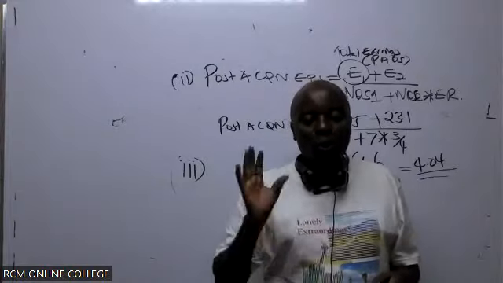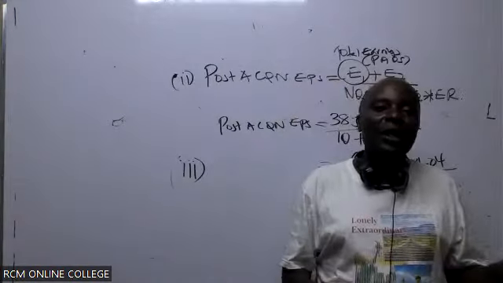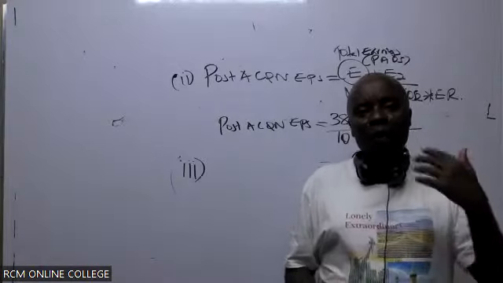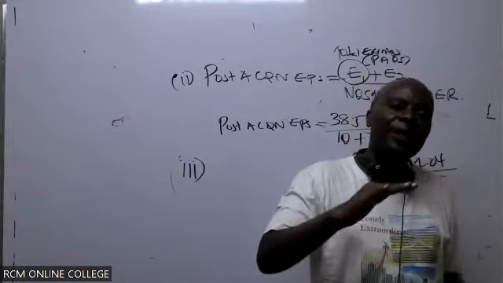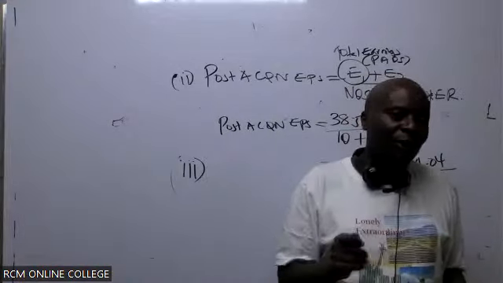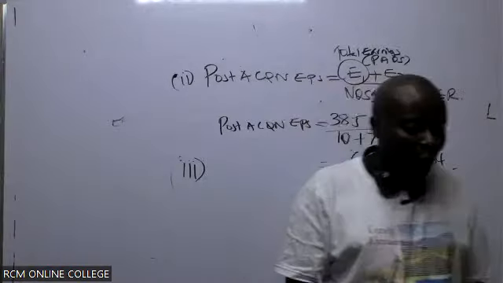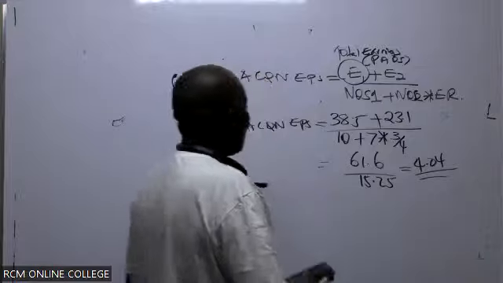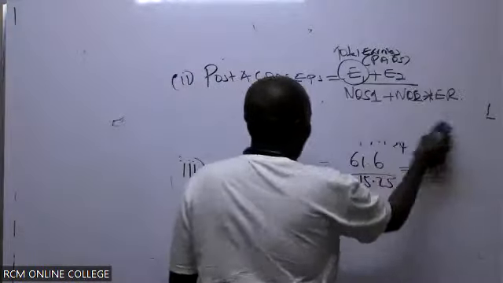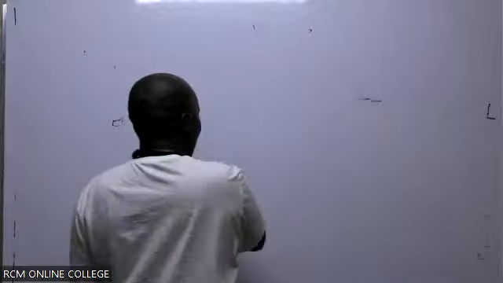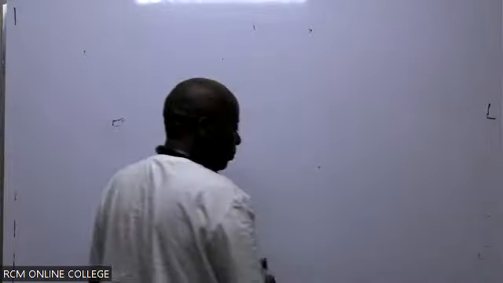Whenever there is a debenture in the acquisition, or whenever there is preference share capital in the acquisition, then straight away at the back of my mind, I know that exchange ratio will be 0.